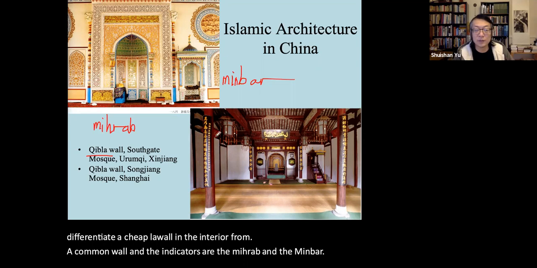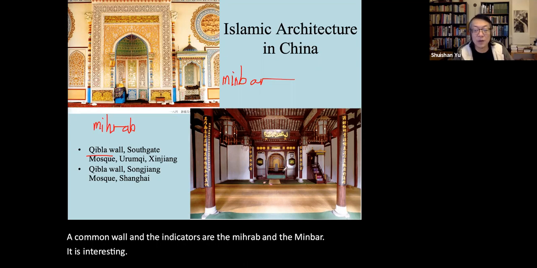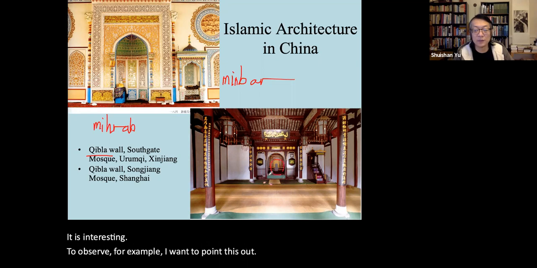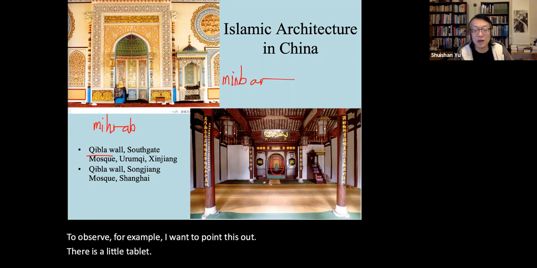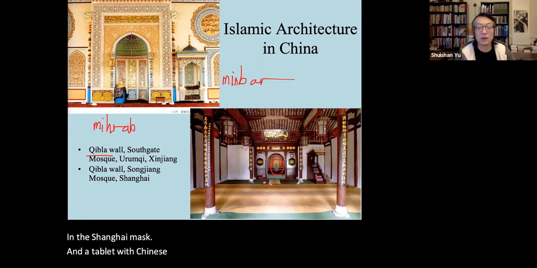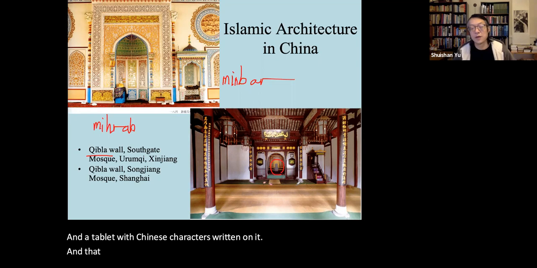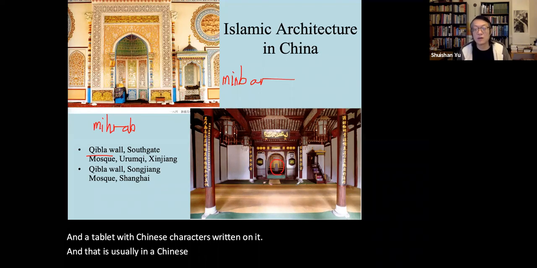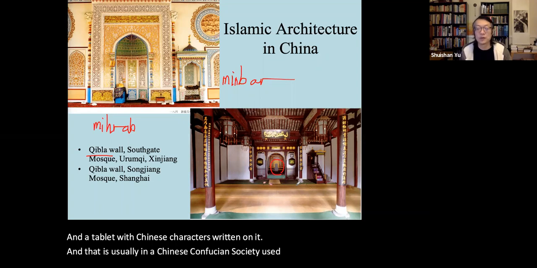It is interesting to observe, for example, I want to point this out. There's a little tablet in the Shanghai mosque, a tablet with Chinese characters written on it. And that is usually used in a Chinese Confucian society for ancestor worship.